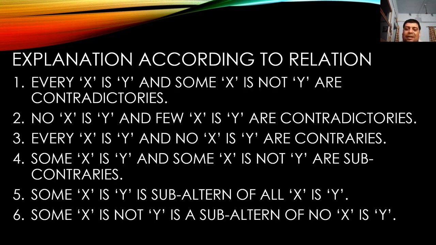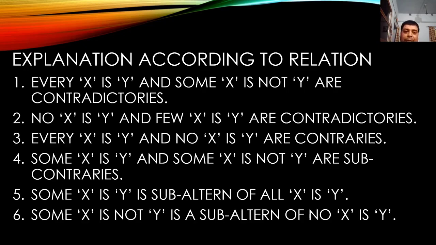So there are three types of relationship: first contradictories, second contraries, and third subaltern. Subaltern is when something is coming under, so the subaltern of universal affirmative is particular affirmative, and the subaltern of universal negative is particular negative.